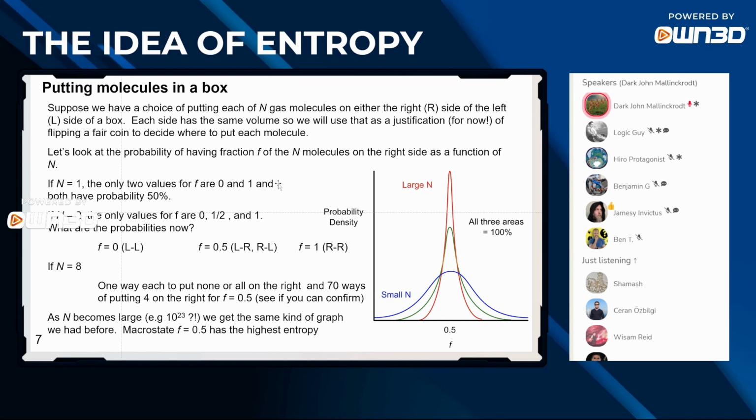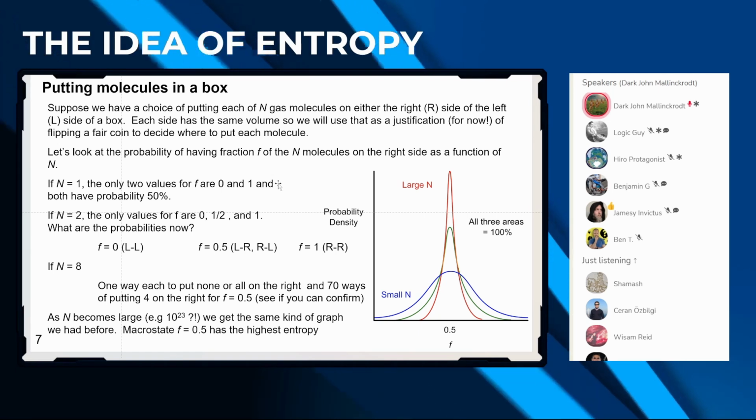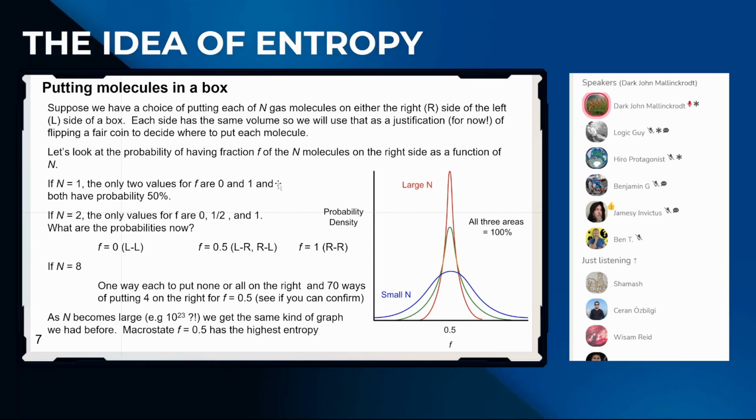I'm going to put a molecule on the left if it's heads, and on the right if it's tails, or something like that. So just the simplest situation. All sorts of questions should occur to you before we get to the end, 2 slides from now.